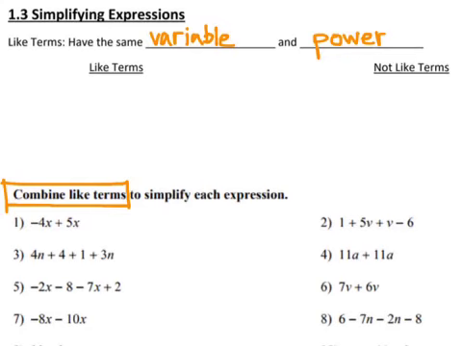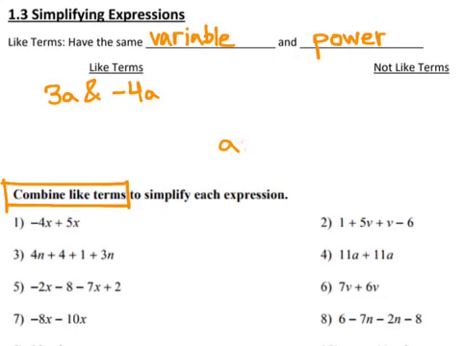For variable, some like terms would be 3a and negative 4a. Those two are like terms because they have the same variable, a, and they have the same power, which is actually 1.